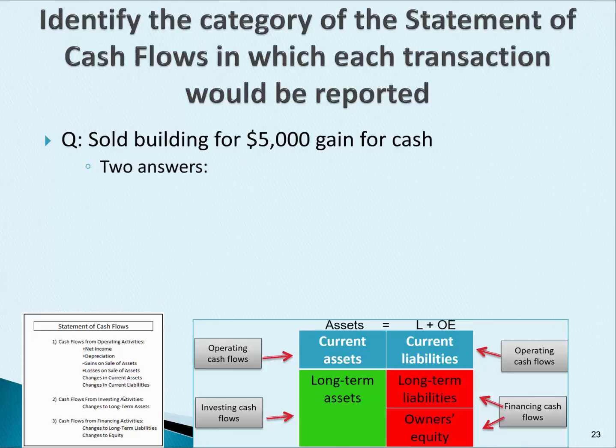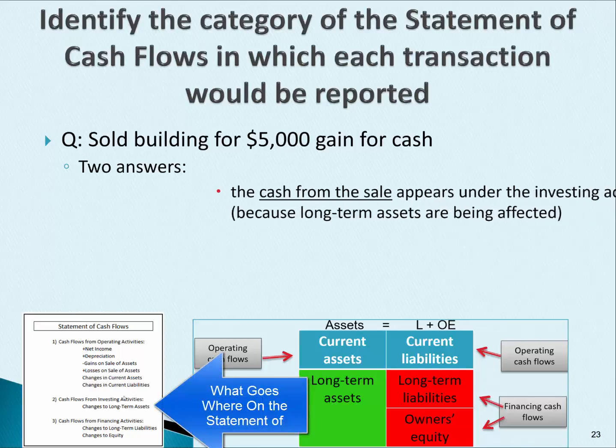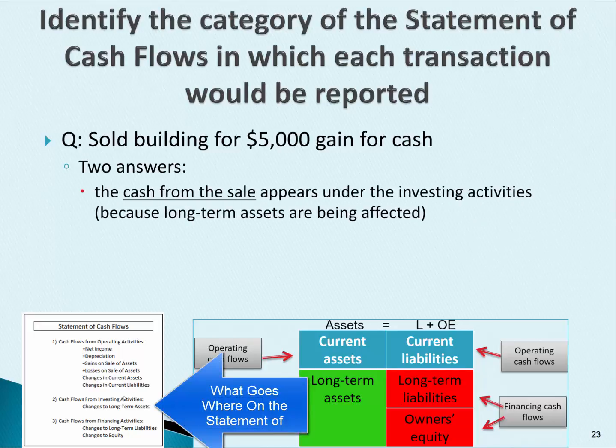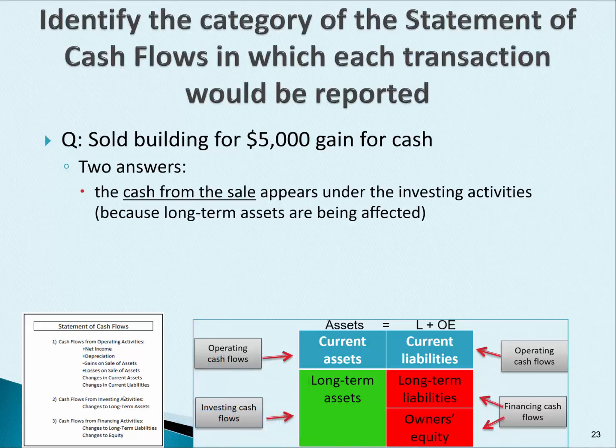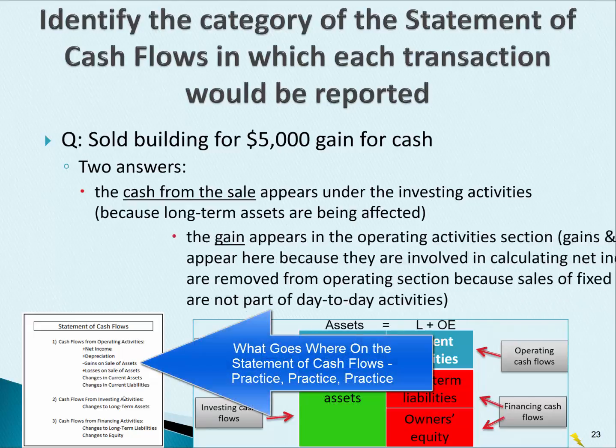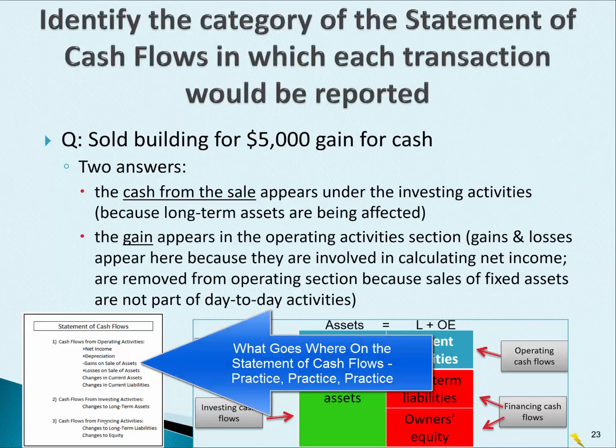Well, there's two answers. As we've gone over before, the cash from the sale appears under the investing activities section. That's because long-term assets are being affected. That's the more obvious of the two parts that this goes into. But remember, the gain appears in the operating activities section up here.